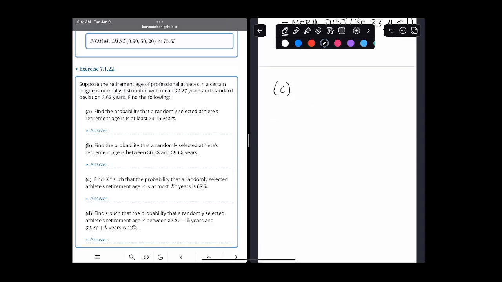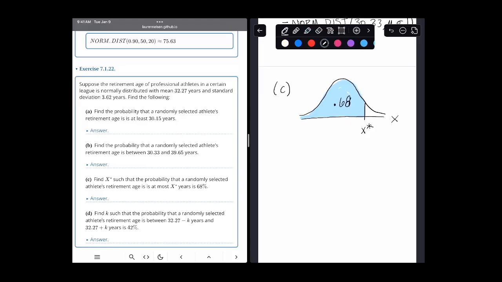In part C, it's not asking us to find a probability. It says find X star so that the probability that a randomly selected athlete's retirement age is at most X star years is 68%. So I have some X star, I don't know what it is, and they're telling me that the probability I get something smaller than that number is 0.68.